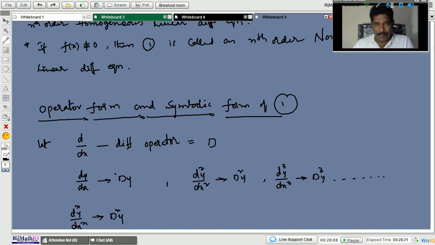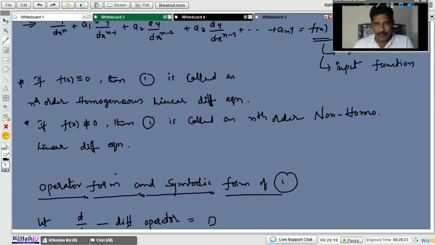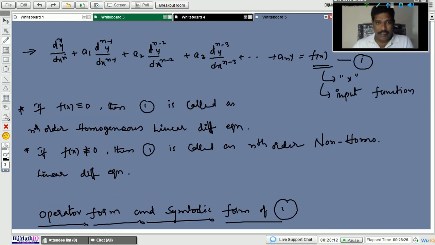So what is the first equation here? The first equation is d power n y by dx power n plus and so on.